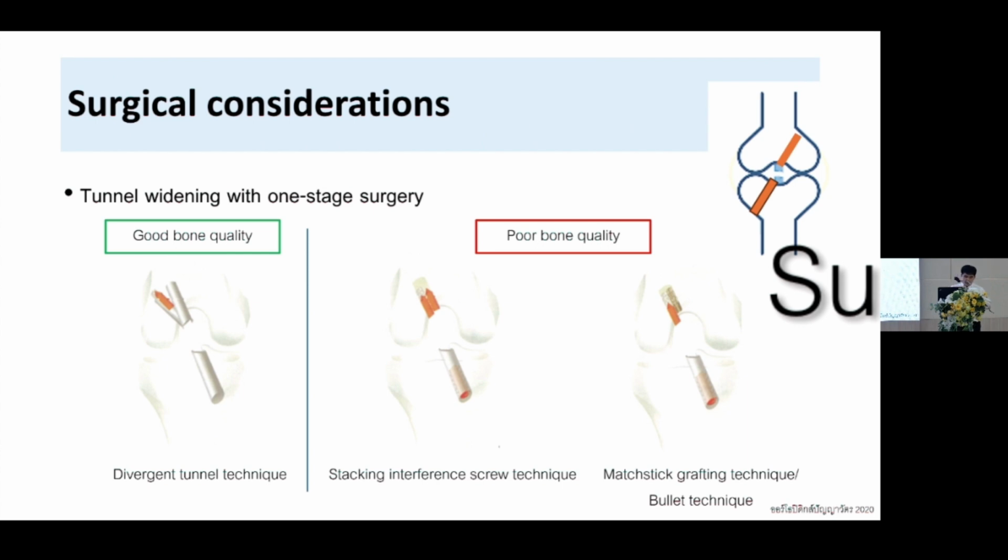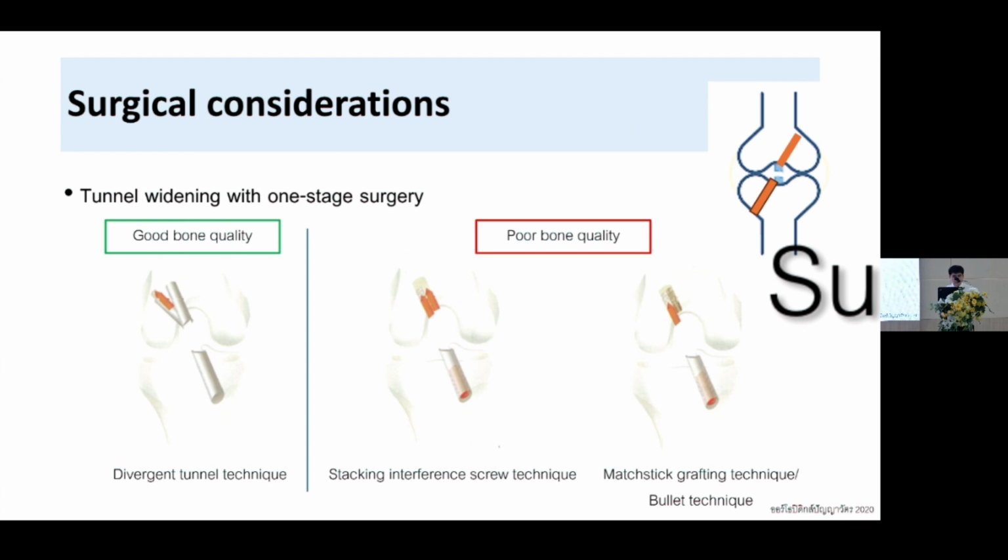For the tunnel widening, even in case of diameter larger than 50 millimeter, some techniques have been described to bypass the problem of the new gap in the former tunnel widening if a 1-stage revision is required. In case of good bone quality and anatomic tunnel, divergent technique at the old footprint is available.